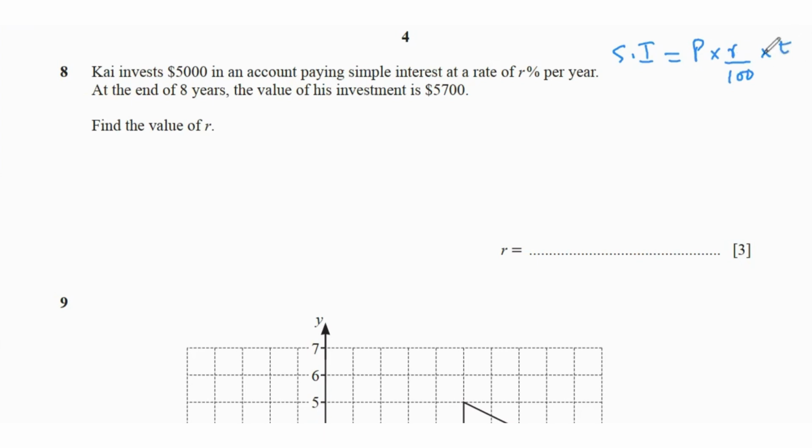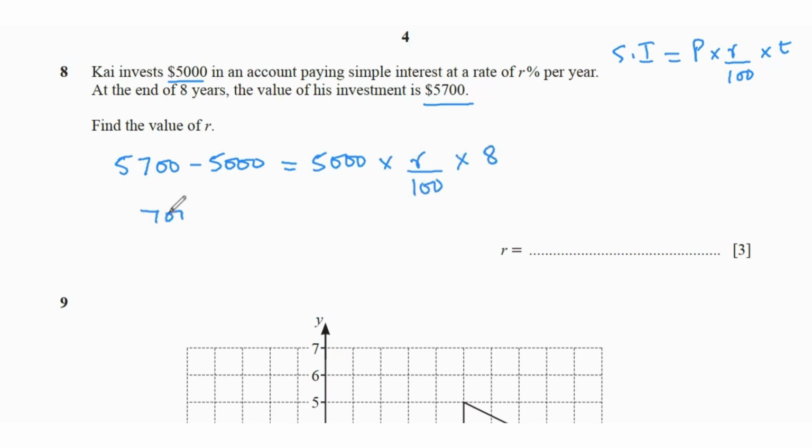So over here, we know the value of the final investment, which is $5,700, and initially we paid $5,000. So it's going to be 5,700 minus 5,000, which is the interest that you've earned, equals the principal amount, which is 5,000, times r over 100, and the time is 8 years.